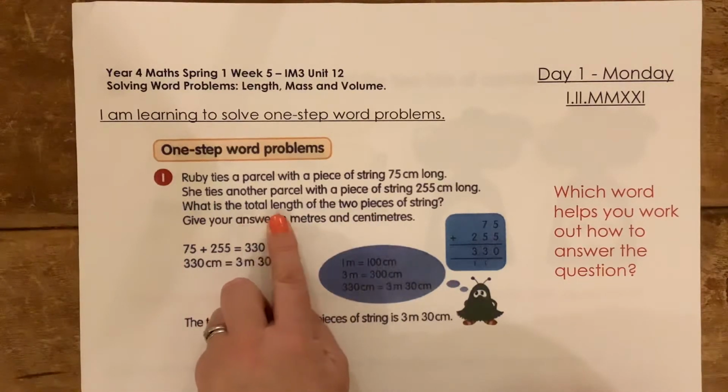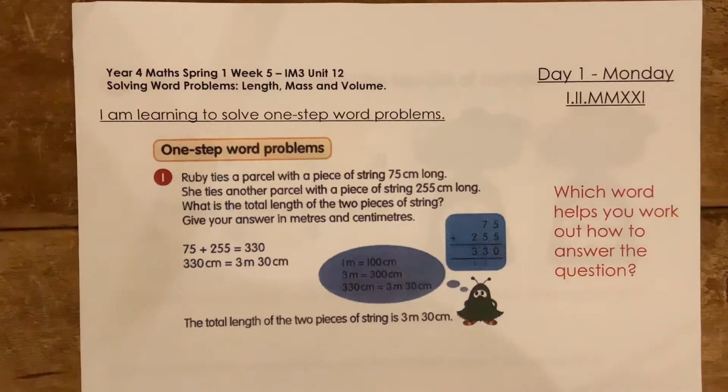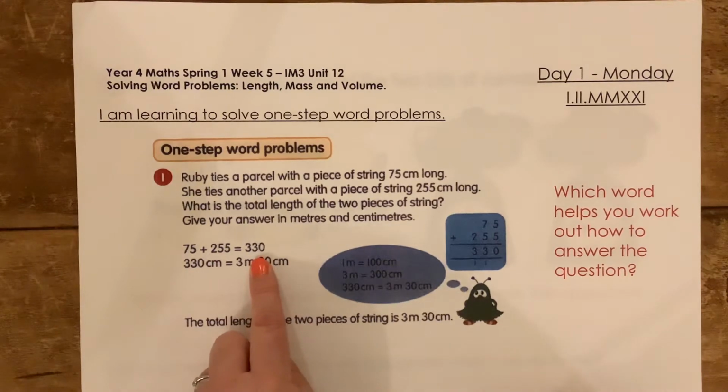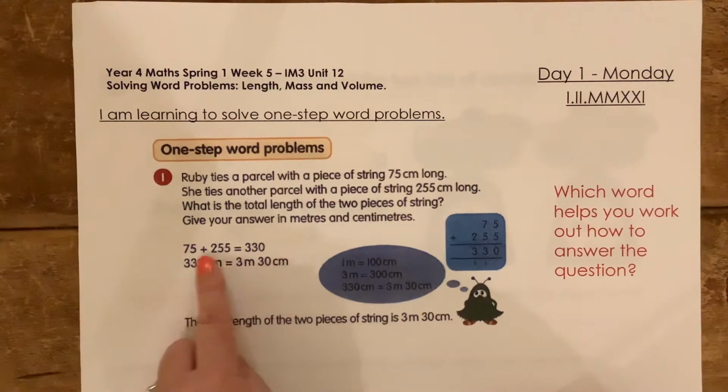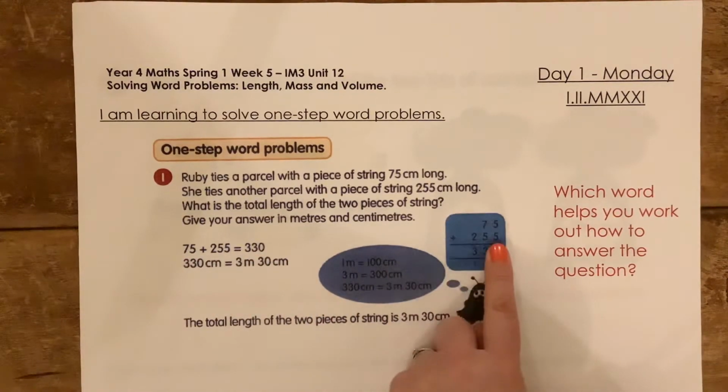So the word total gives us the clue that we're going to be adding these two amounts together. 75 centimetres plus 255 centimetres equals 330 centimetres. Here we have it written as a number sentence, or you could have worked that out using column addition.